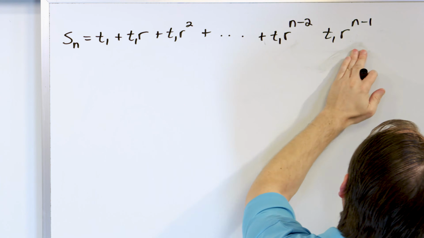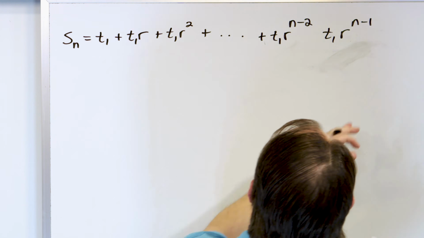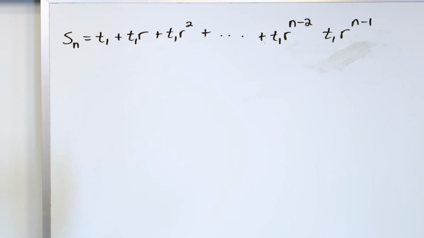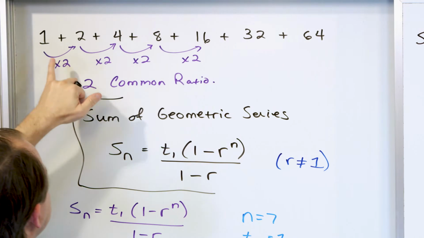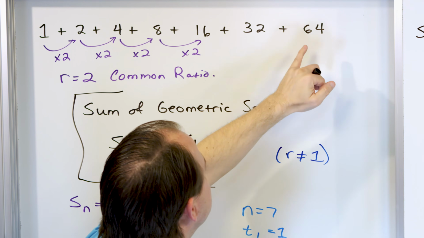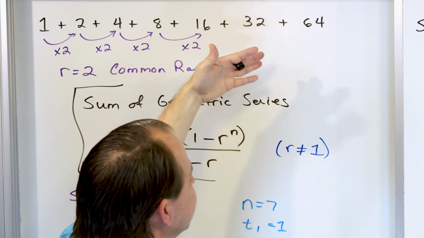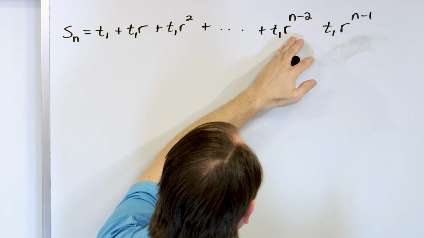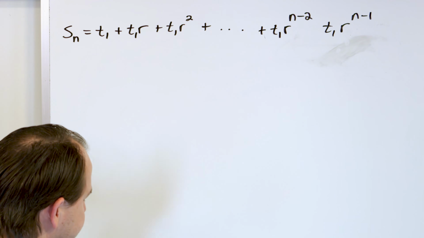I wish I wouldn't have smudged that right there. That's okay. We'll get there. So this should hopefully make sense, especially when you think about the numbers here. You multiply by 2, by 2, by 2, and then eventually you have a last term multiplied n minus 1 times. And so that's exactly what we have here. Last term, n minus 1 times, n minus 2 times, and then we fill everything else in.